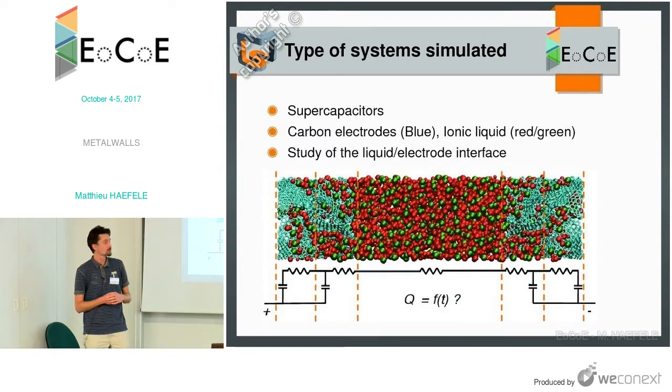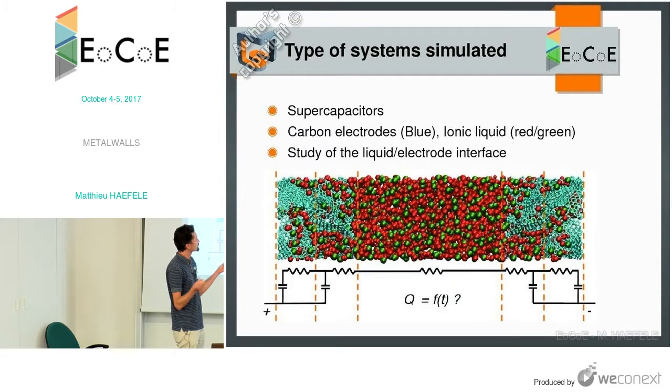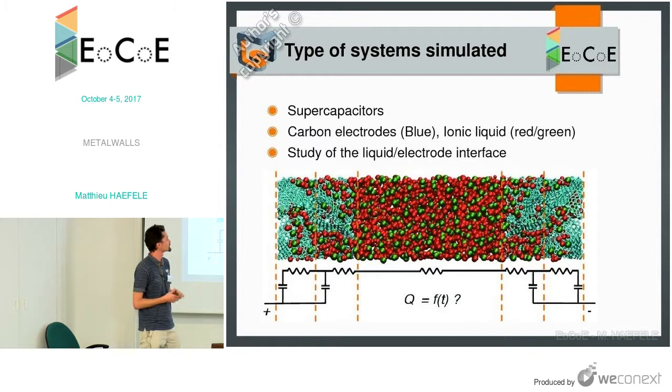That's the kind of system we are simulating: supercapacitors, which are energy storage devices. Basically you have an ionic liquid, where the red and green balls are represented at the molecular level. And then you have two electrodes that are carbons, nanoporous carbons.